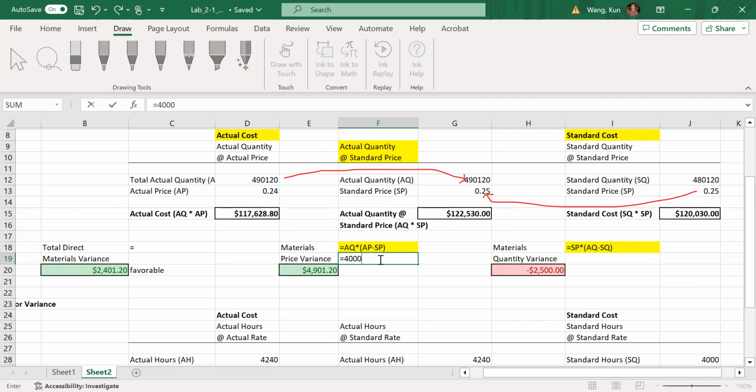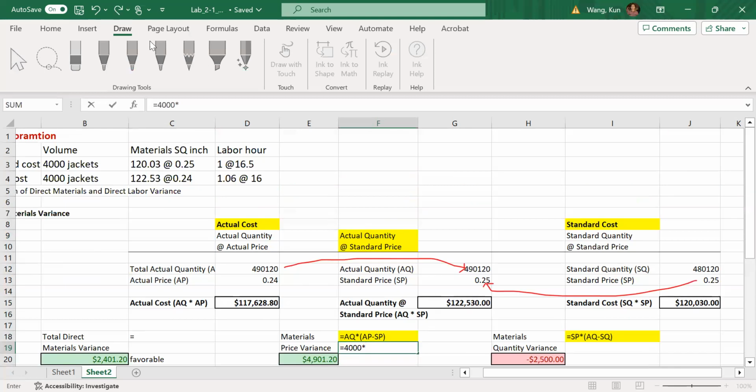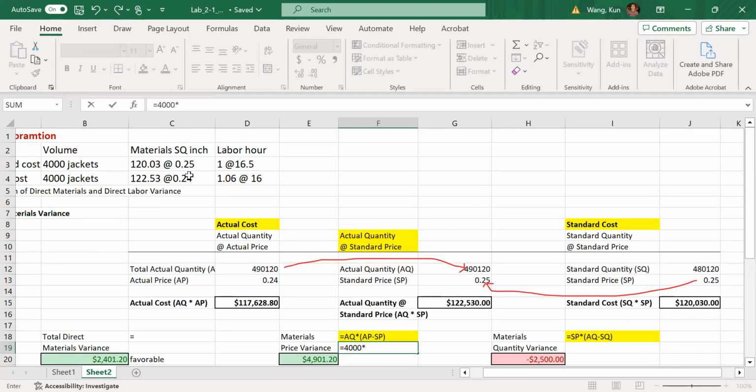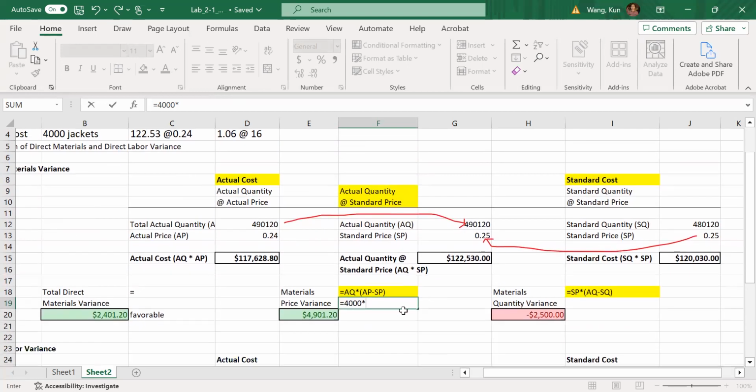Use the 4,000 total jackets, and then times the 122.53, which is the actual quantity per unit. So total actual quantity. Then use the actual price, even if there's only 1 cent difference, right?